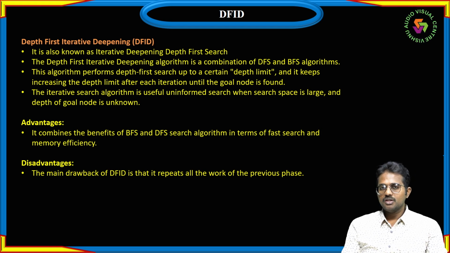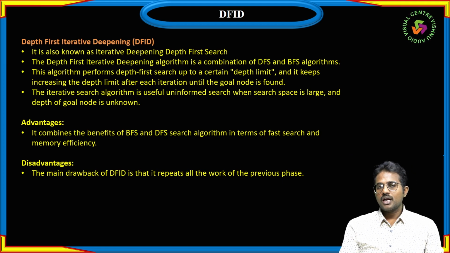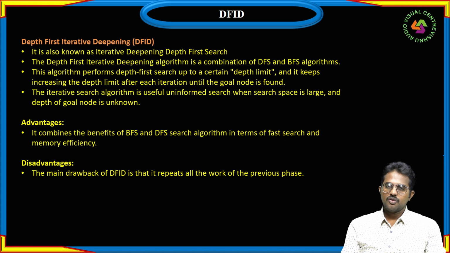Whatever the previous stage had, we check everything again after increasing the depth limit to the next phase, so it checks the nodes present in the previous stage plus the newly added depth. Like that, there is some wastage of time complexity.